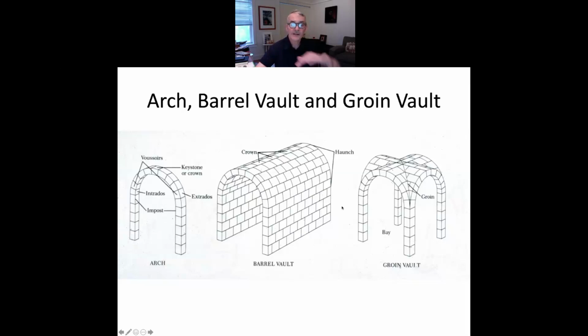So they were really good at solving some of the problems that the Greeks and the Egyptians had with architecture, that if they wanted to make something big, they had to make it massive. And these engineering innovations allowed them to create taller and more open structures on the interior.